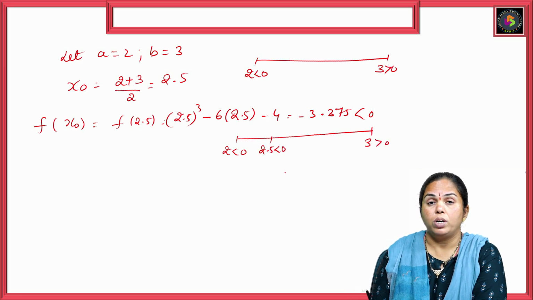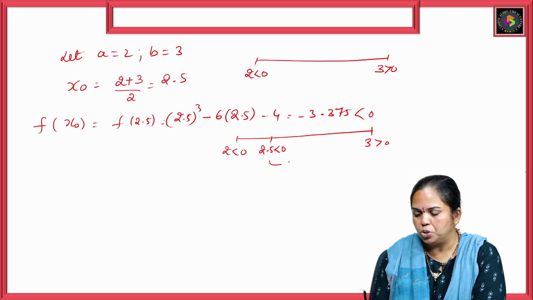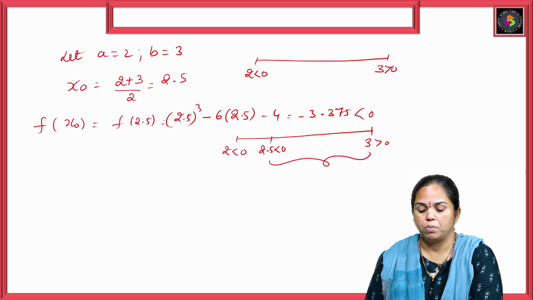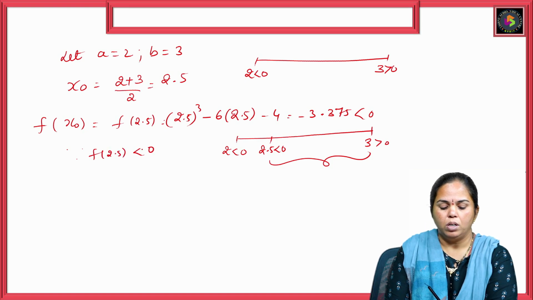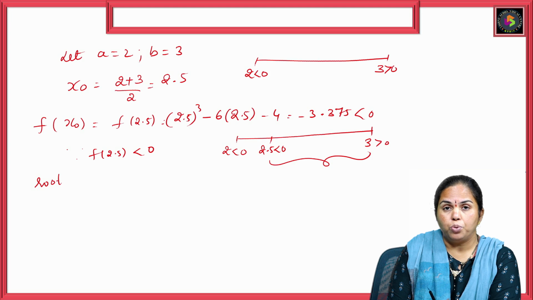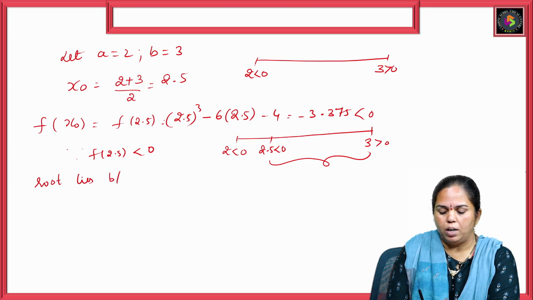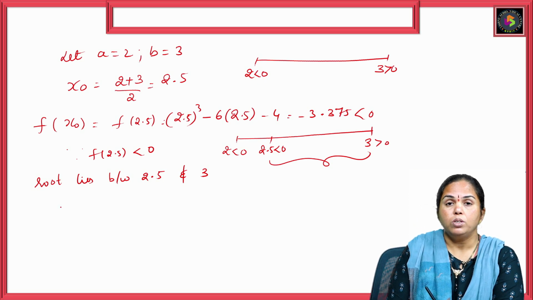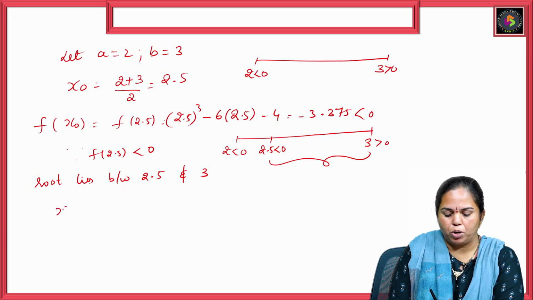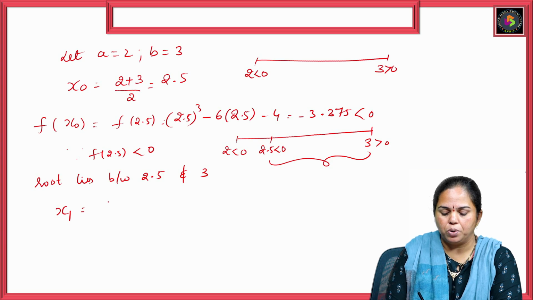3 is greater than 0. Now if you observe here, these are the two successive terms. Since f of 2.5 is less than 0, the root lies between 2.5 and 3. So the next approximation, x1 = (2.5 + 3)/2.